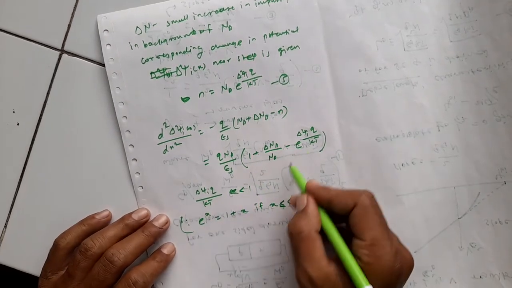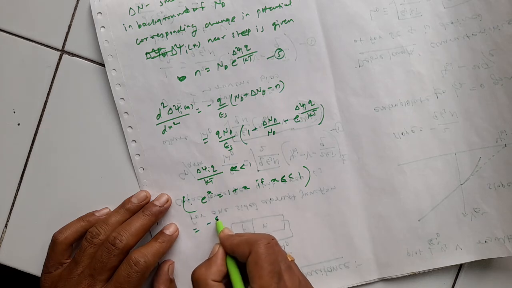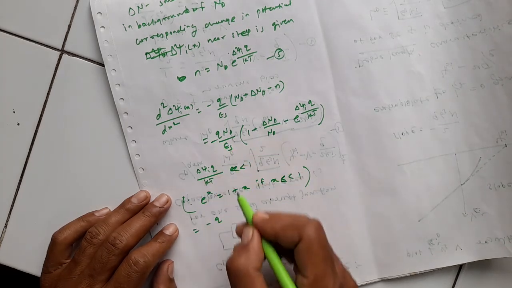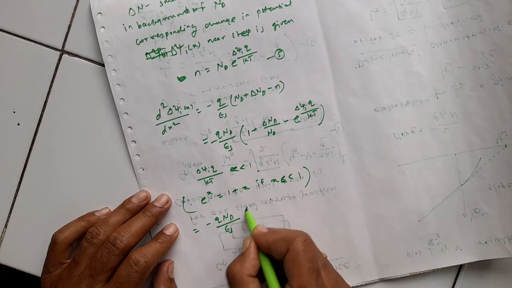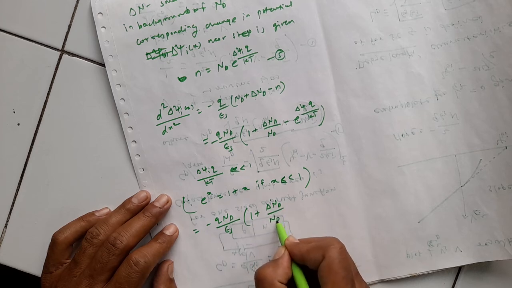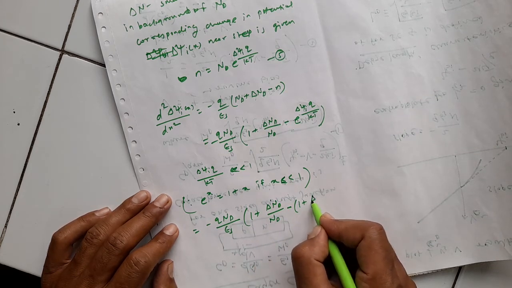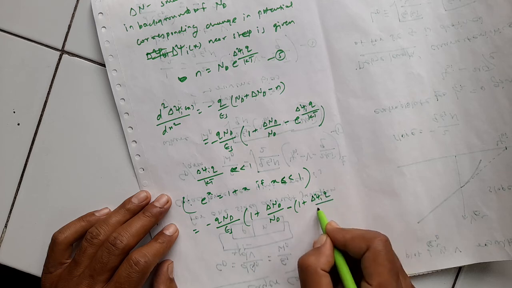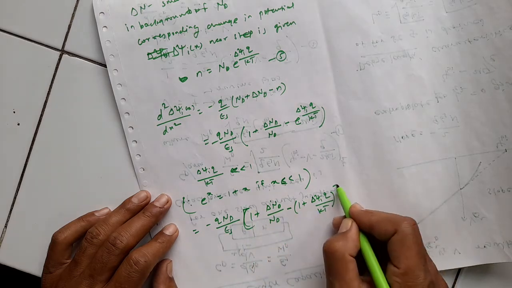So substitute these values over here and rearrange the terms, that is minus q N D upon epsilon s into 1 plus delta N D upon N D minus of 1 plus delta psi i q by kT. So this is what we can get from the equation.